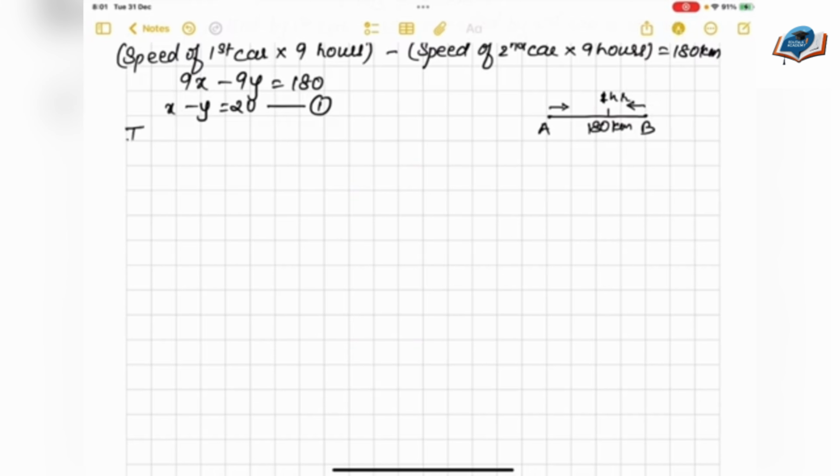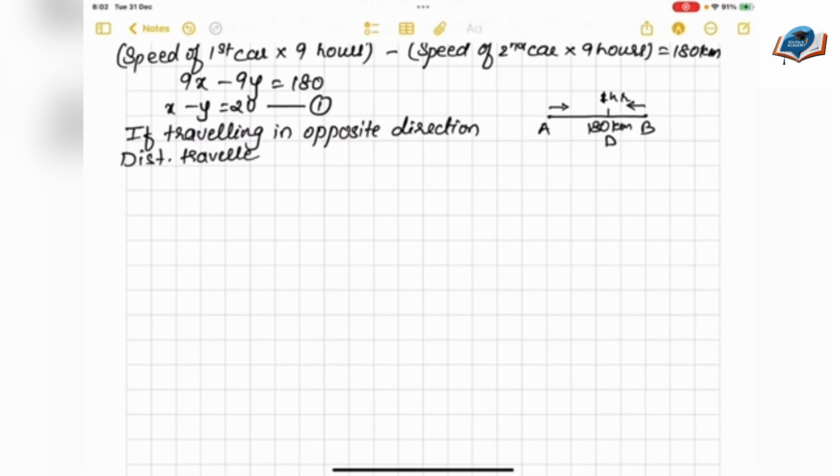So if traveling in the opposite direction, let me give the meeting point as D. The distance traveled by the first car is AD, and the distance traveled by the second car is BD.